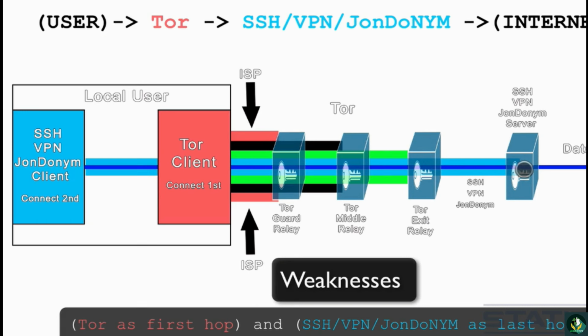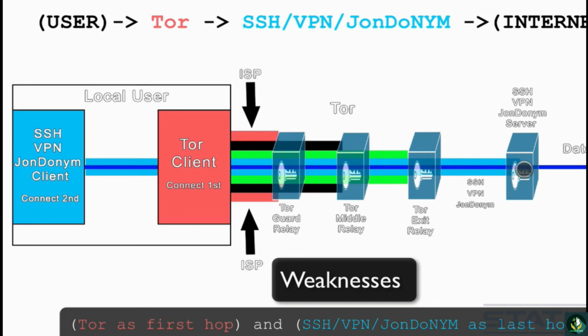Here is a risk with the John Doe server, where the IP address is visible or stored. The SSH VPN John Doe server is the last server.